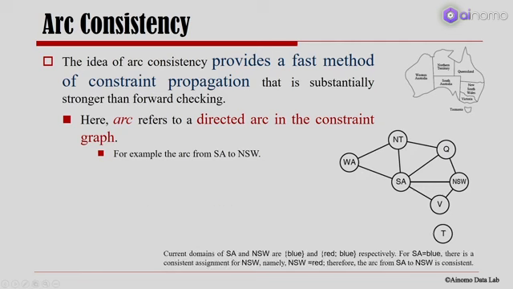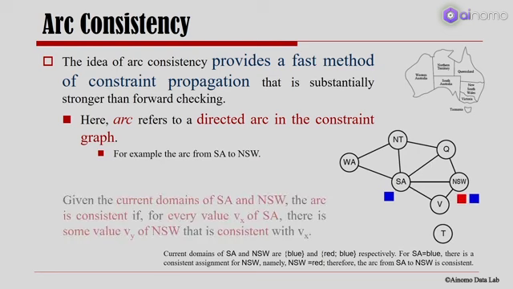So let us say in our example of map coloring, the current domains of SA and NSW are blue and red blue respectively. Given these domains, we could see that there is a consistent assignment for SA equal to blue. I could always pick NSW equal to red, and I can therefore have a consistent assignment from SA to NSW.